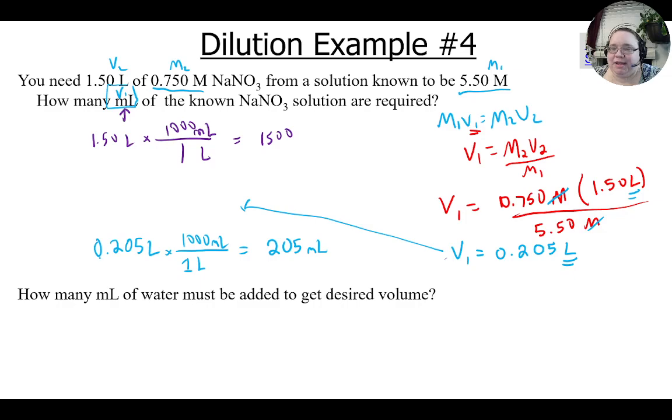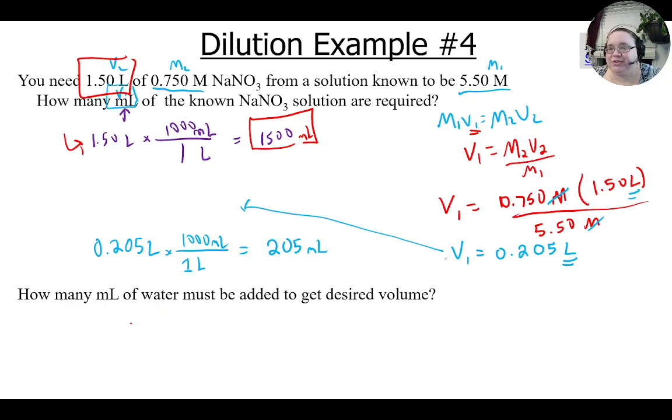So how many milliliters of water needs to be added to get my desired volume? Be careful here. I don't want to just subtract from the V1 that I'm giving you on the screen because that V1 is in the wrong unit. I cannot subtract straight from that 1.5 liters. I have to have them in the same unit. So might have been better to convert it at the beginning because either way I'm going to need that number in milliliters.